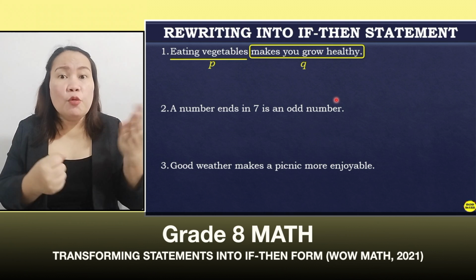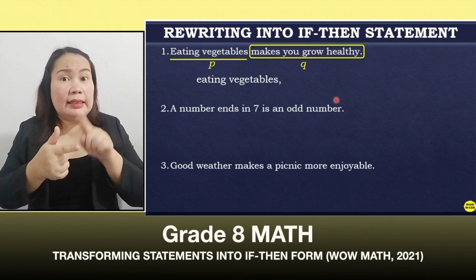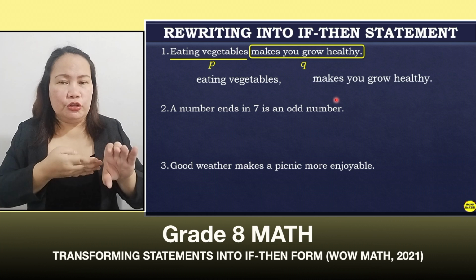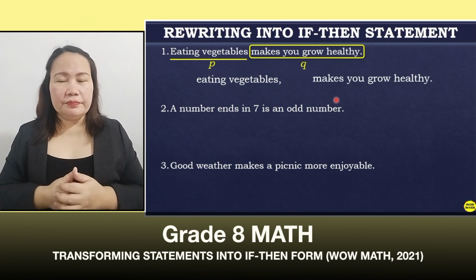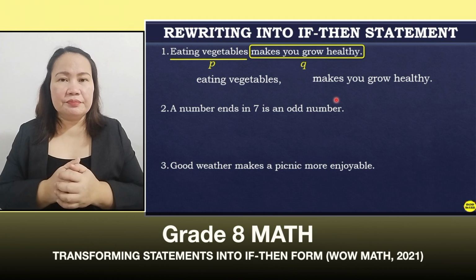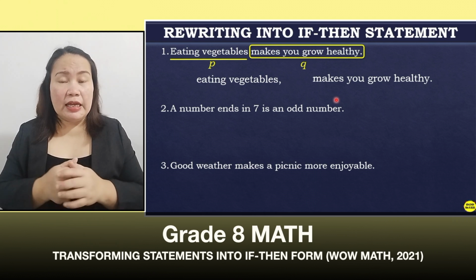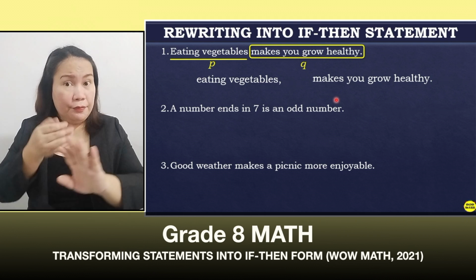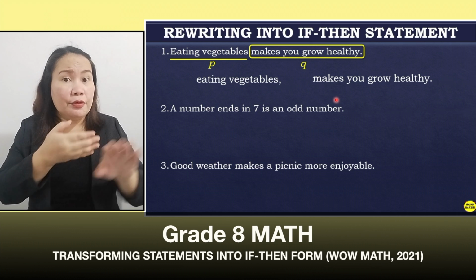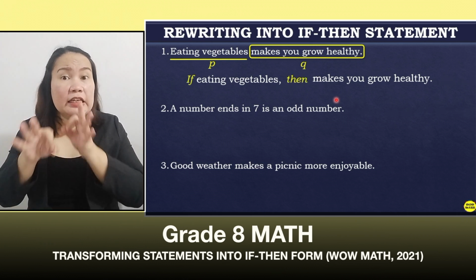Okay. Now, i-ready natin si hypothesis at si conclusion. Okay. So, since if-then tayo, okay, if-then statement, si if, before siya ni hypothesis, si then, before siya ni conclusion. Okay, so lagay natin dito si if, dito si then.